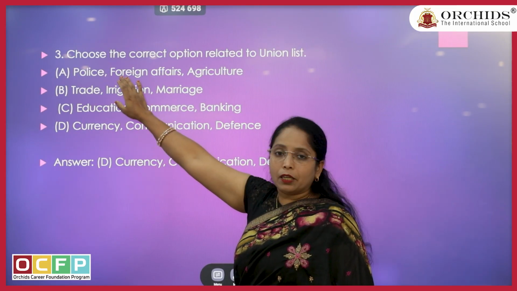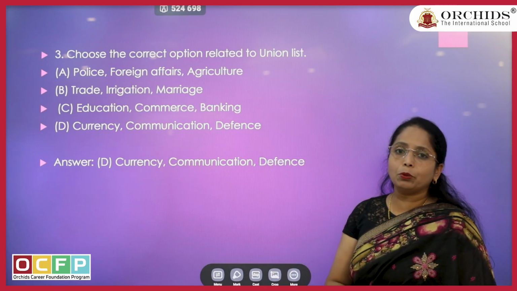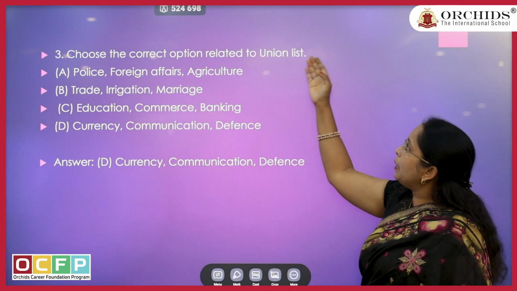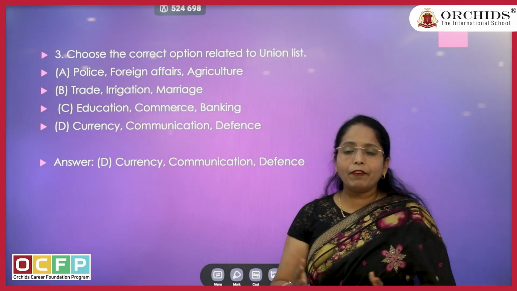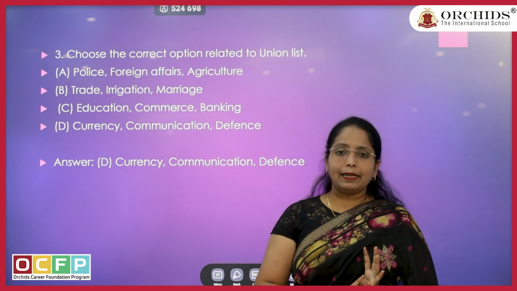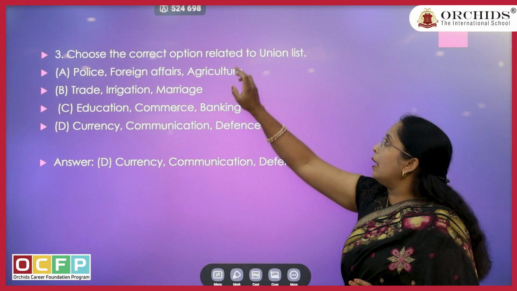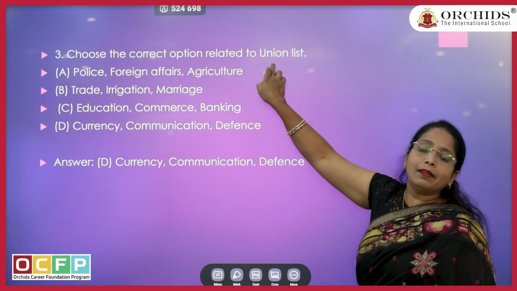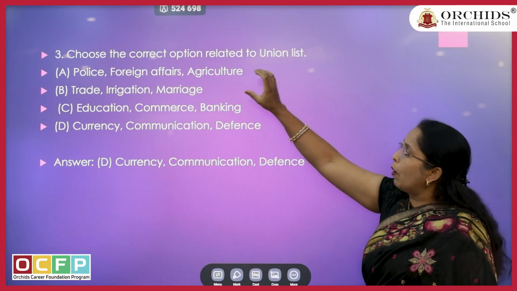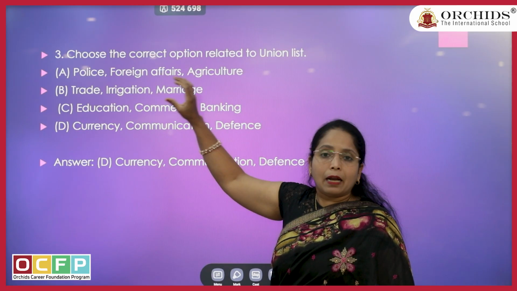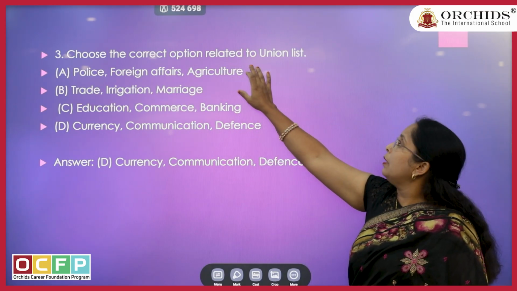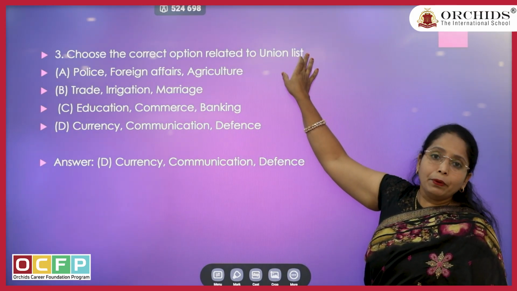Next, we will go to the third question. What is the third question students? Choose the correct option related to the union list. You are aware of union list, right? State list and union list. Union is always called the central government list also. Why? Because whatever departments come under the control of the union government are called the union list.